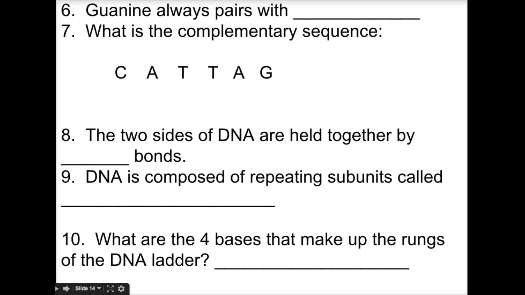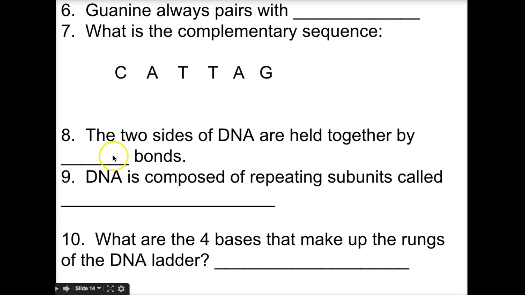Number 6, guanine always pairs with cytosine, so the G's always pair with the C's. To complement this, the complementary sequence on the other side, the other base pairing that will be here, we would have G, T, A, T, C. The 2 sides of DNA are held together by hydrogen bonds.